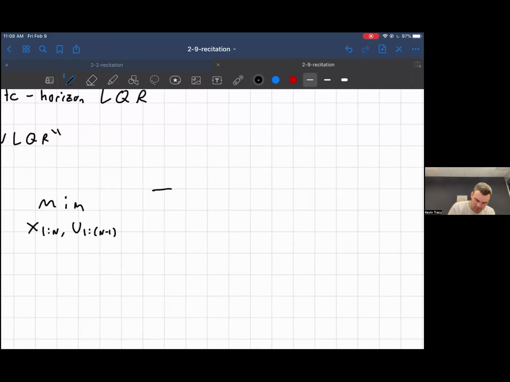So let's do a sum, i equals 1 to n minus 1. And here I'll have x_i transpose Q. And I guess I'll be as general as possible. So these can be different cost functions, but they rarely are. But I'll just leave it like this because this is what we normally see.